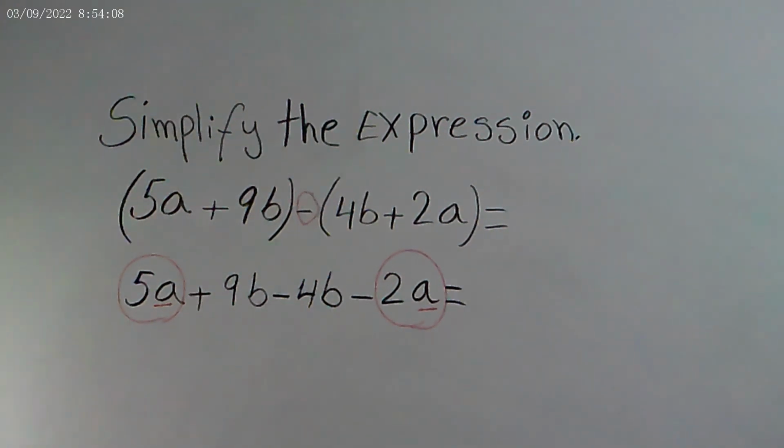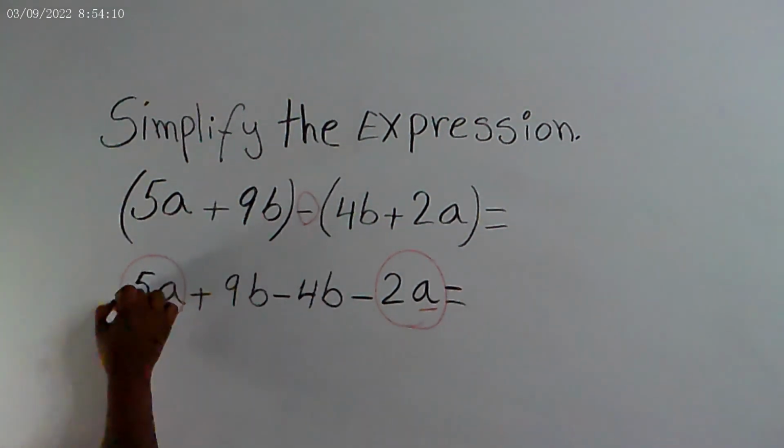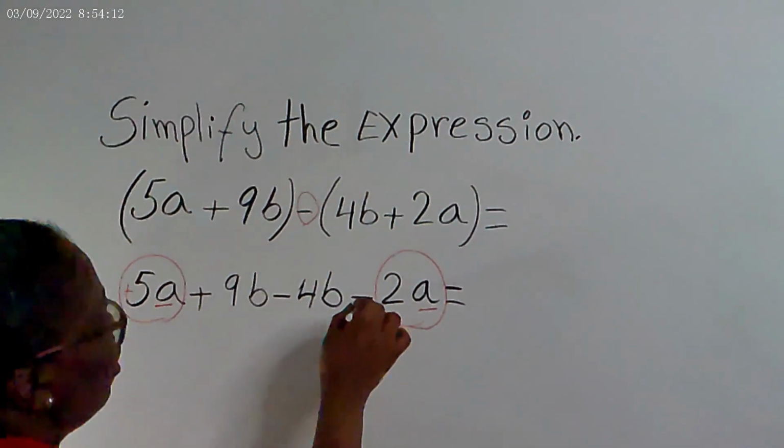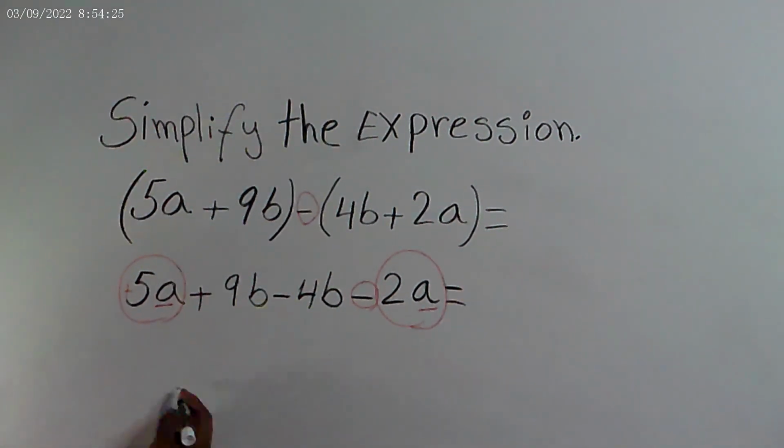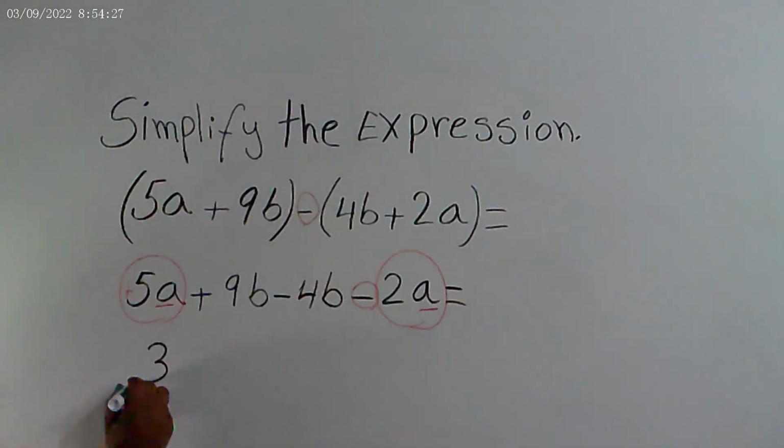So you have a plus 5A here, and right here you have a minus 2A. When the signs are different, you are doing subtraction. Okay? Plus 5A minus 2A gives you 3A. It's 3A.